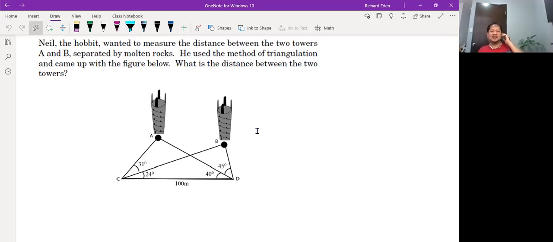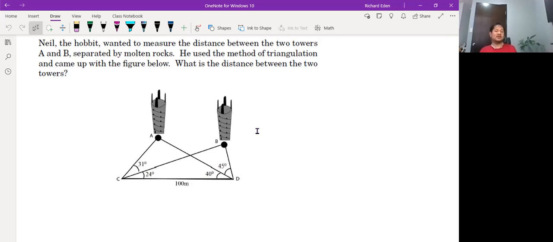I suppose this illustrates how trigonometry can be used in measurements because you have those two towers and let's say they're not accessible, you can't really go there. Maybe points A and B are on the opposite side of a river and we are on our side of the river where you can mark those two locations, points C and D. Because it's on the same side of the river, you can measure the distance, 100 meters.